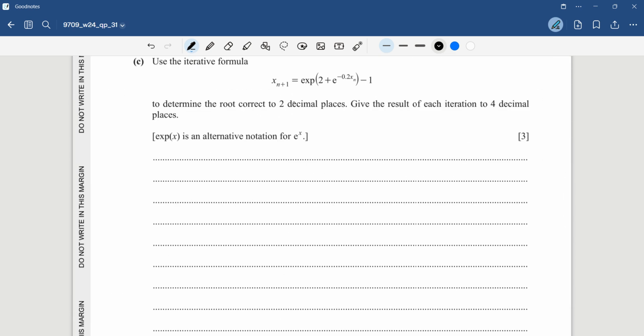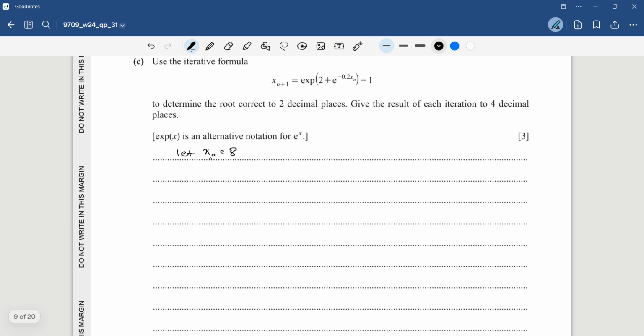So I let x naught equal to 8. Usually I will use the midpoint between 7 and 9, which is 8. Or you can take 7 or 9, it doesn't matter, but I usually use the midpoint, easy for me.